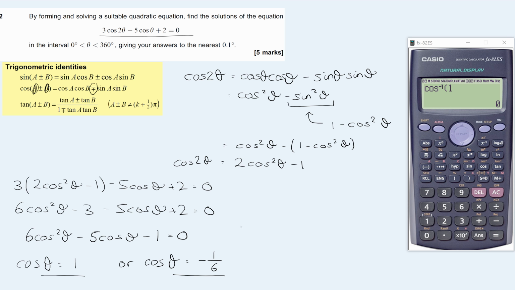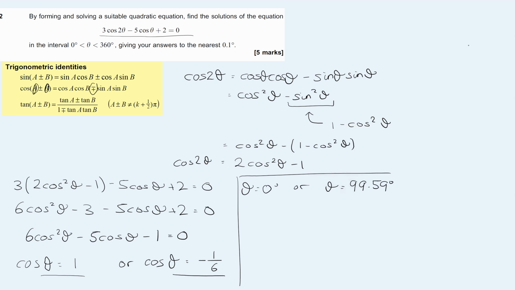So my first value is theta equal to 0, or we'll do inverse cosine of minus a sixth to find the other value. So the other value is 99.594. Now it's after rounding to the nearest 1 degree, so it's often useful in the question to go to 1 more degree of accuracy than what it's after. So let's go 99.59 degrees.